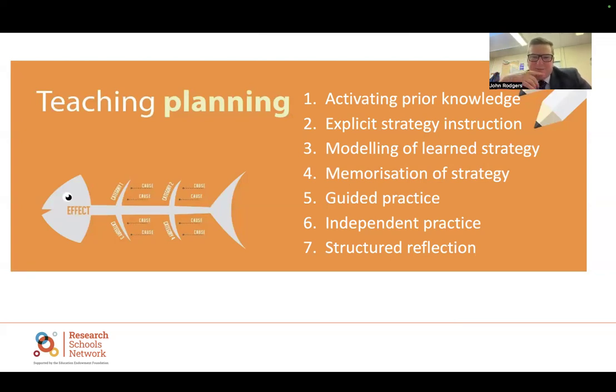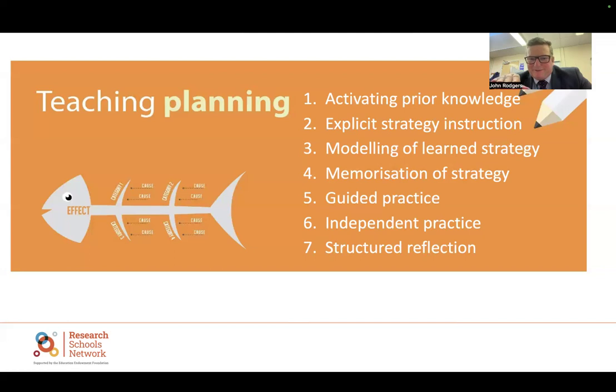On the right hand side there, you might recognize the 7-step model, which comes from the metacognition and self-regulation guidance report. It fits really nicely into this. In terms of a structured lesson around it, you might activate prior knowledge. That might be recapping the main ideas that they need to write about. It might be thinking about specific vocabulary they need to use.